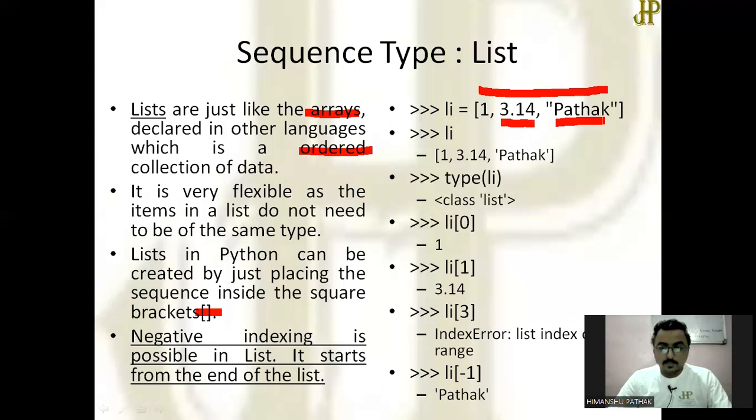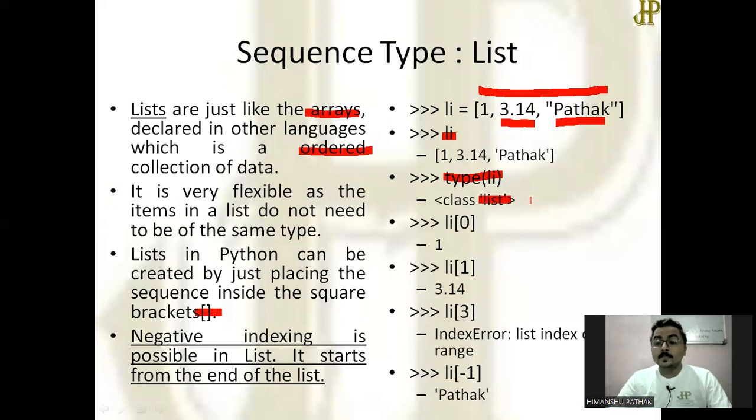So that is possible, as I already told you. Here in the second line, I have printed the list. And in the third line, I'm going to find out which type of data it is. So this is of class list.